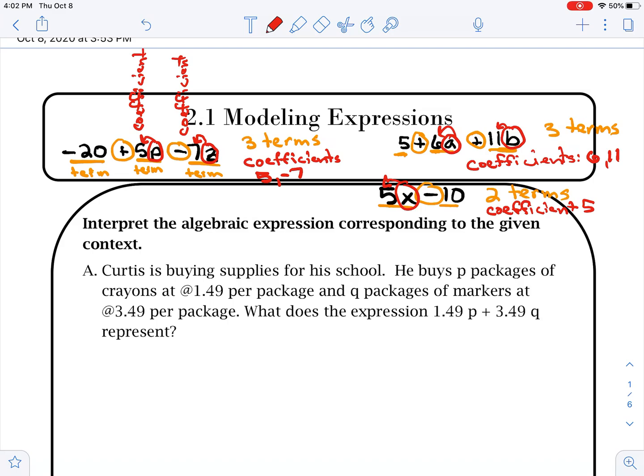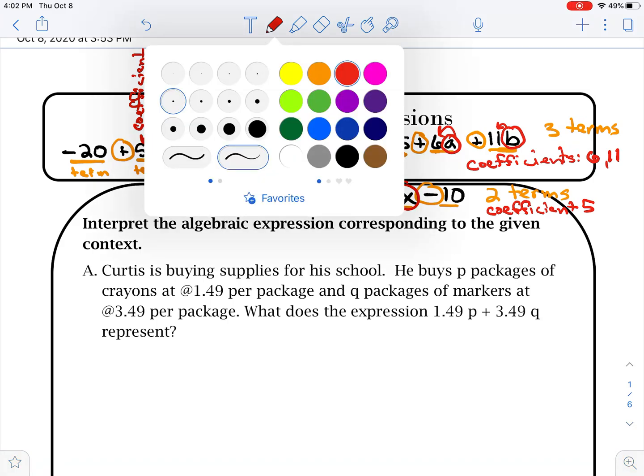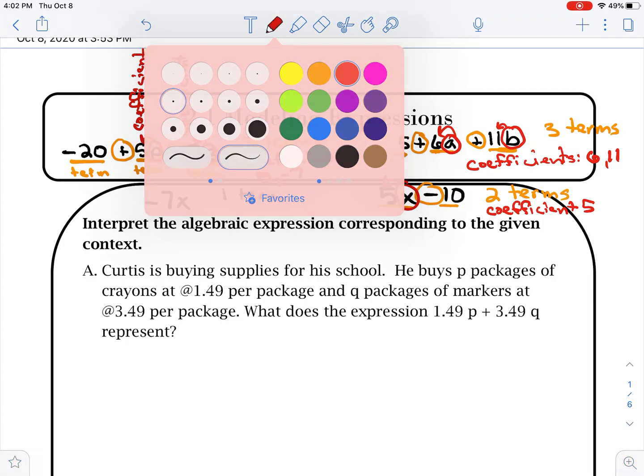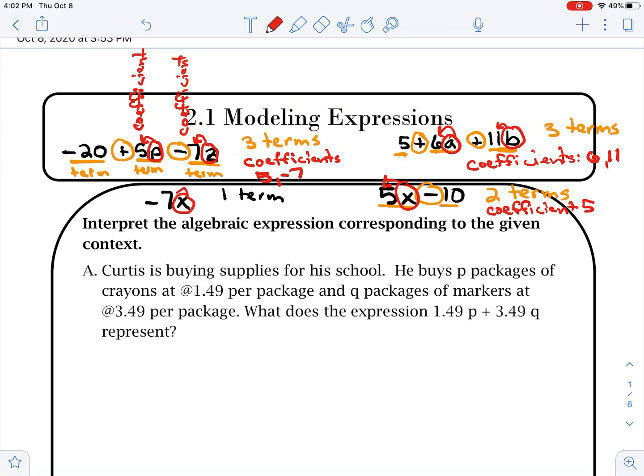Now there may be times that you get, let's just say, negative 7x. So this would be 1 term, and my coefficient, the number in front of it, would be negative 7.